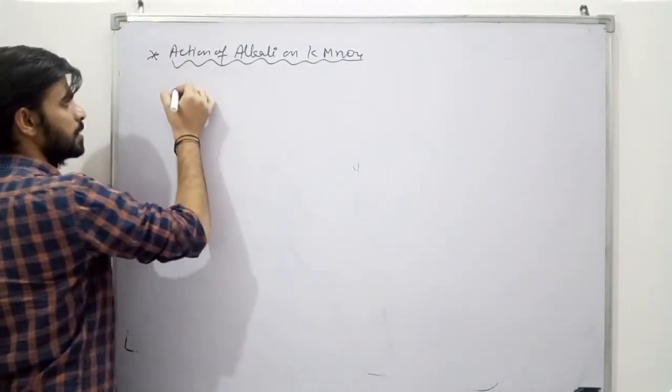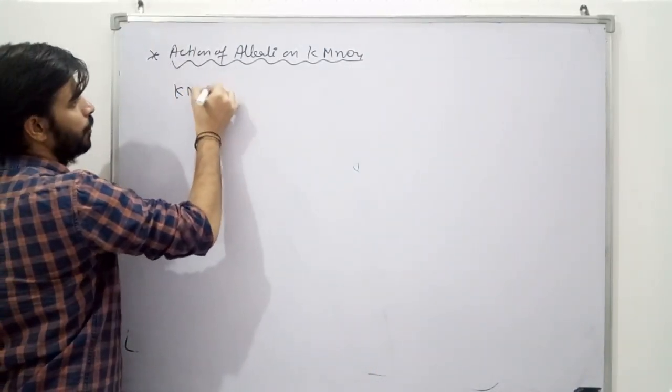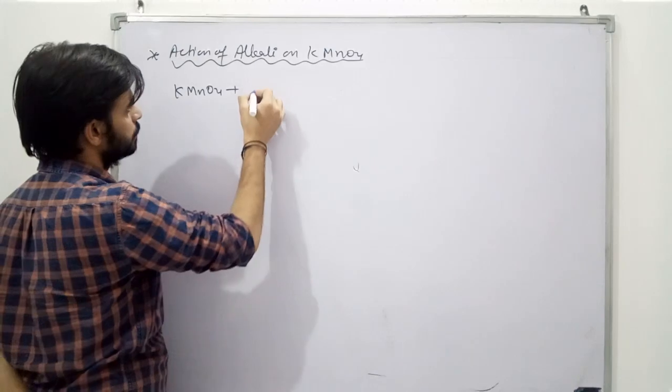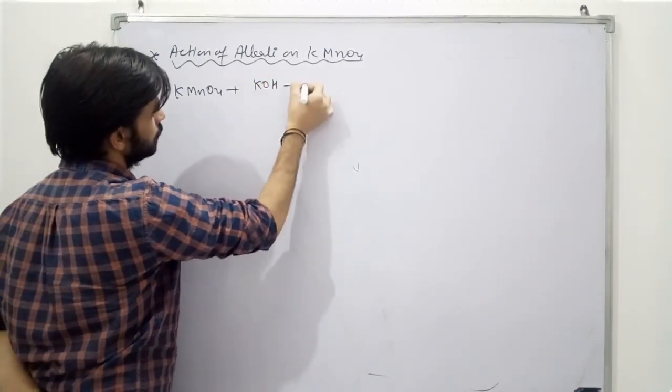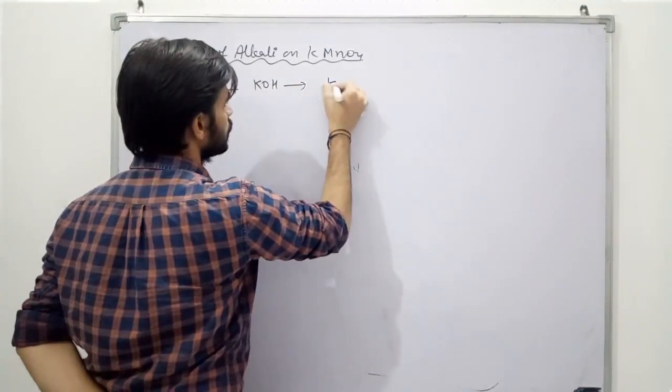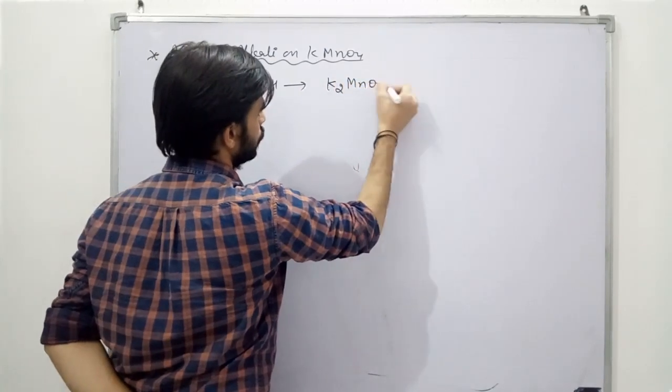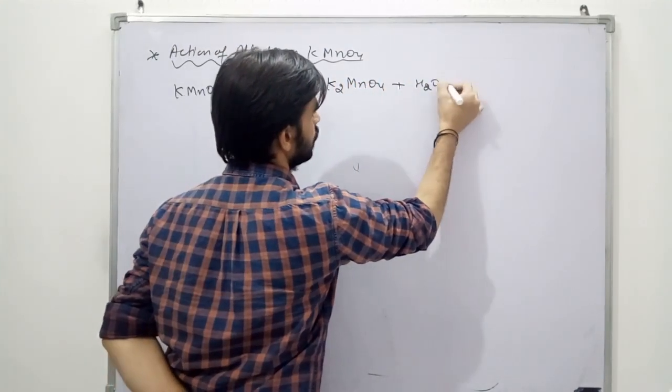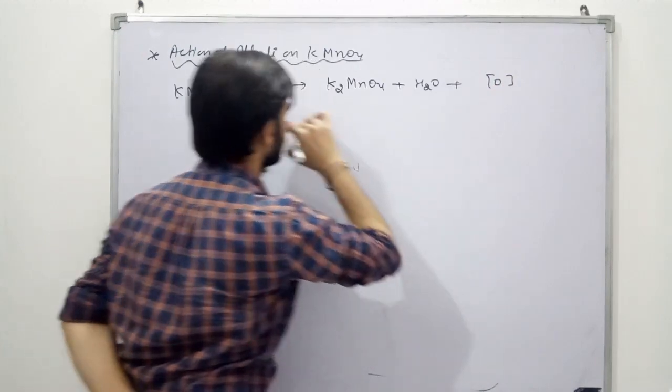Let's focus on this. KMnO4 when treated with KOH can convert into K2MnO4 plus water plus nascent oxygen.